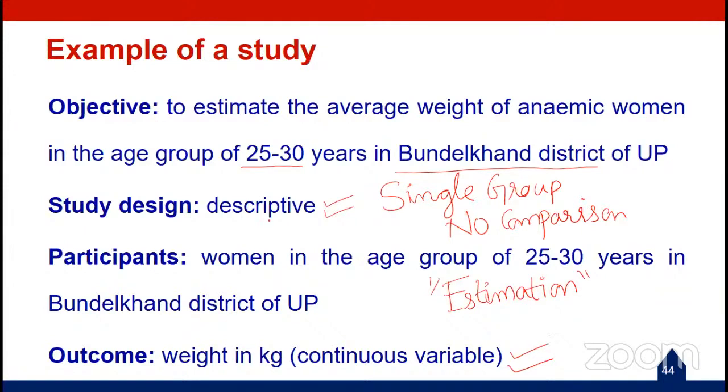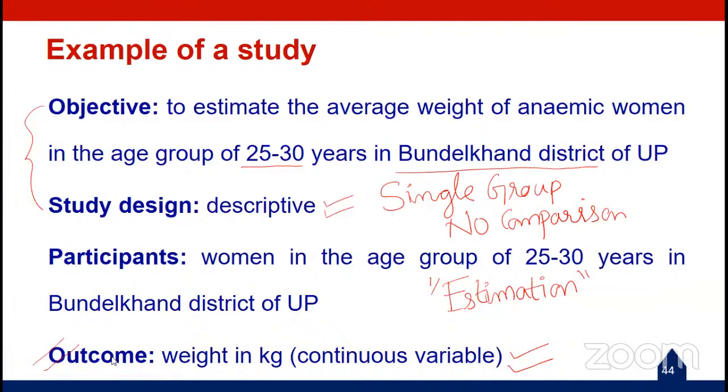See, here we are considering two things. One is the study design or the objective, and the nature of the outcome variable. So we don't consider the sampling method while deciding the sample size formula. Okay, it depends mostly on the objective and study design and the nature of the primary outcome variable.